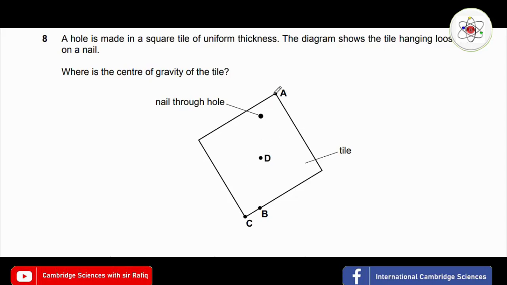So just make it half by drawing a straight line joining A to C, and a vertical line and a horizontal line from the hole. Where these two lines intersect, here lies the center of gravity, which is D.